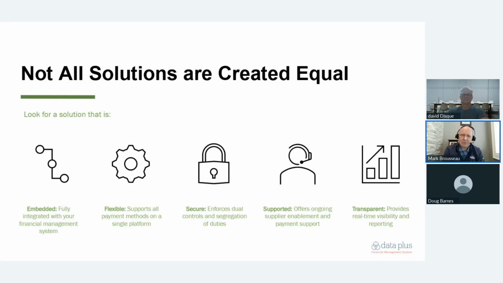You want to make sure that you're achieving the optimum results from your electronic payment initiatives, and that can only be done with a continuous supplier enablement. And you want to make sure you find a solution that extends the value of your financial management solution by providing real-time visibility and reporting into your payment processes.